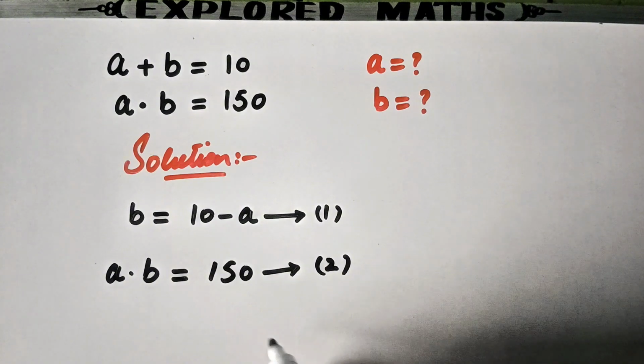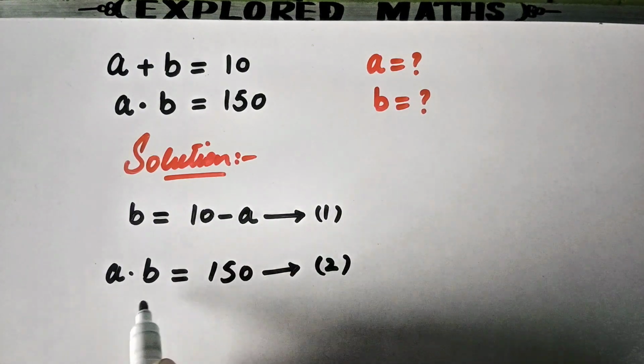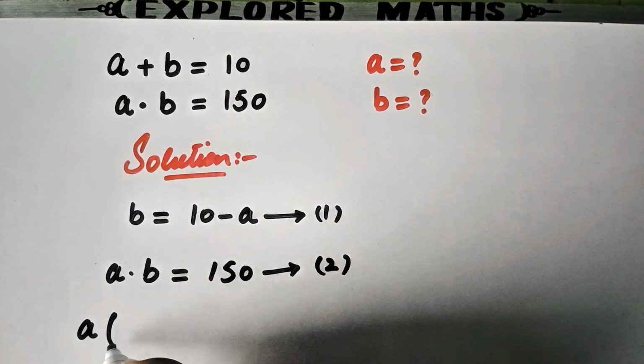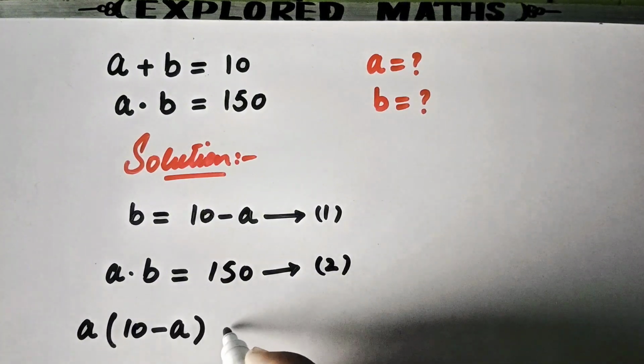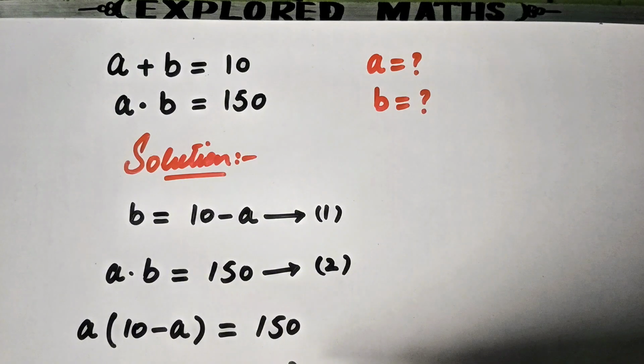And now we will put the value of b from equation number 1 in equation number 2, so that here will be a into 10 minus a equal to 150.